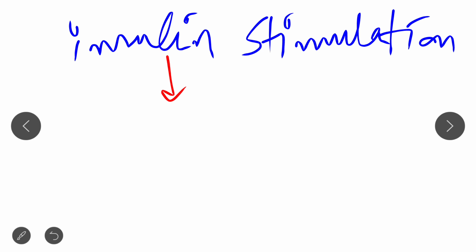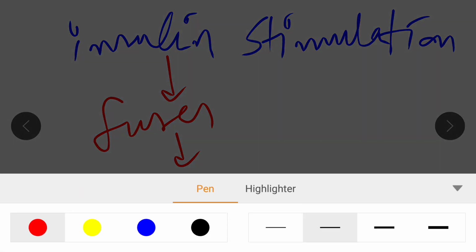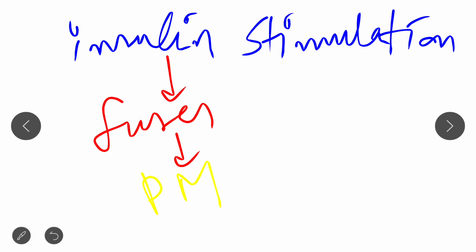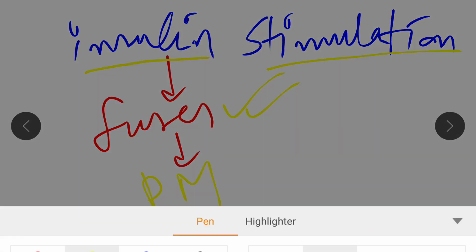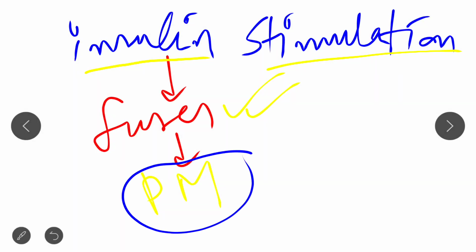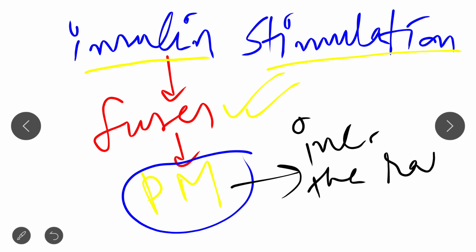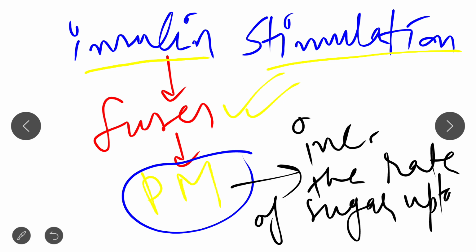When insulin stimulates it, it fuses with the plasma membrane, that is PM, and thereby increases the rate of sugar uptake.